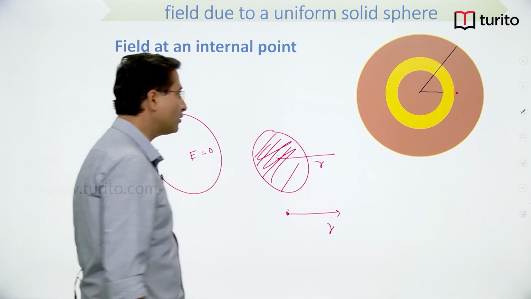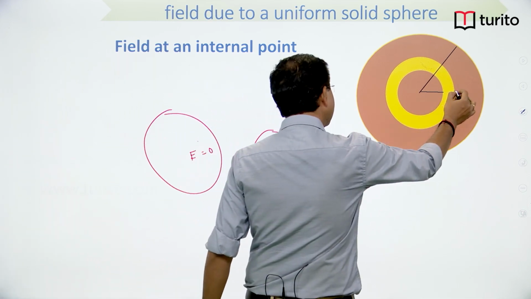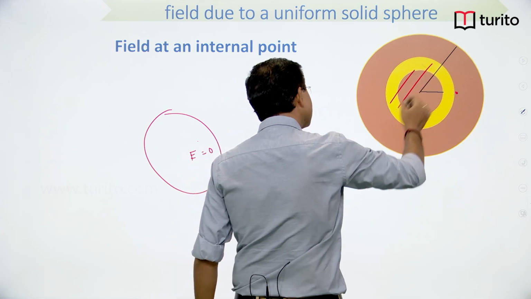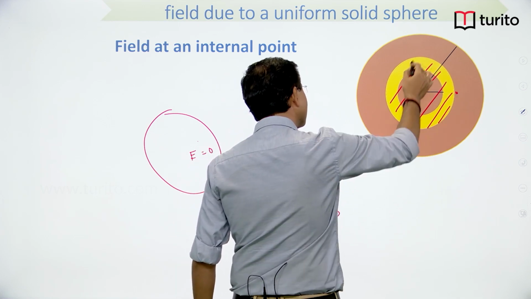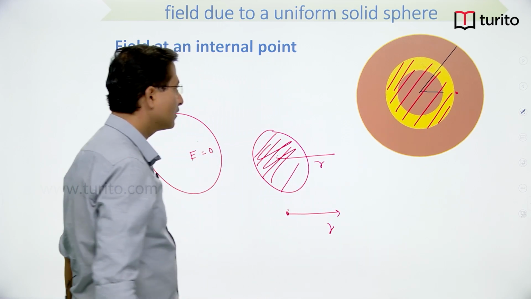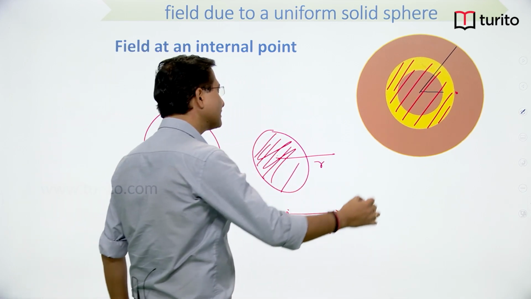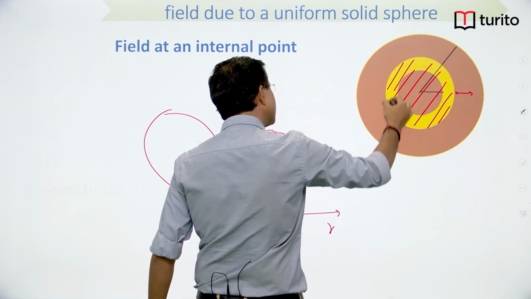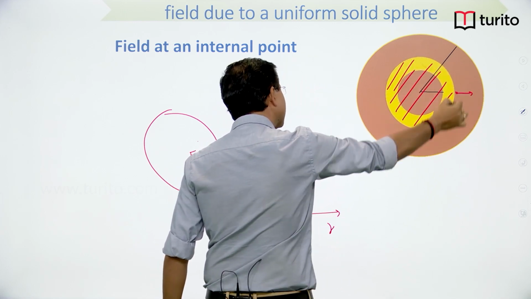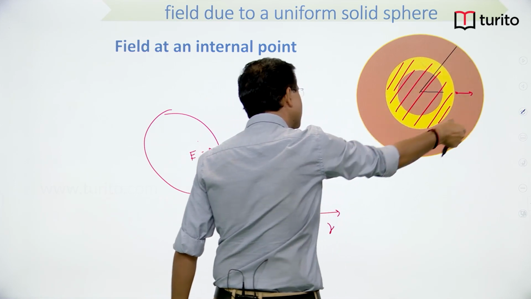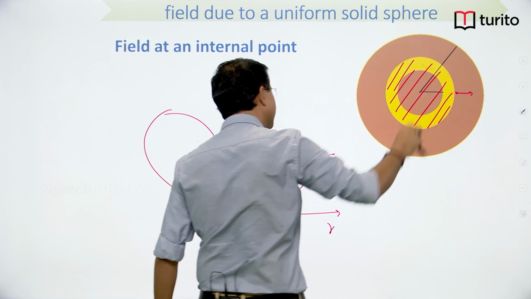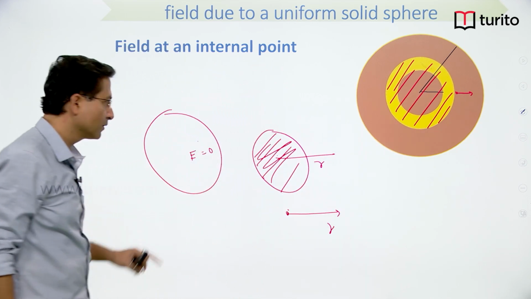That means to find out the field at this particular point, I need to just get the total charge inside. The field at this particular point will be only due to the charge enclosed up to here, because the outer charge won't have any field inside, as we have just seen.